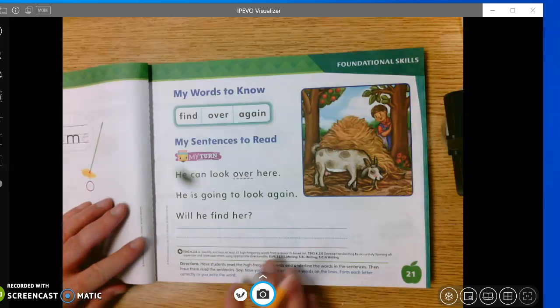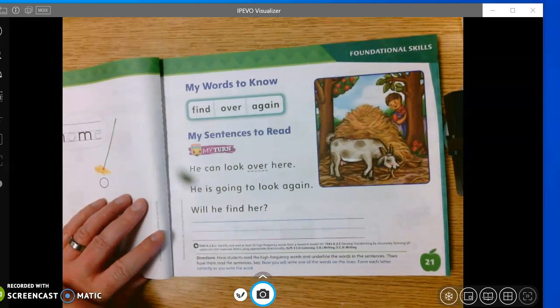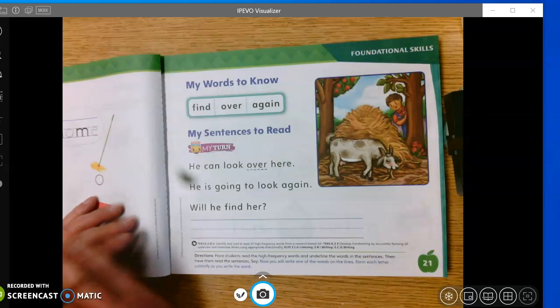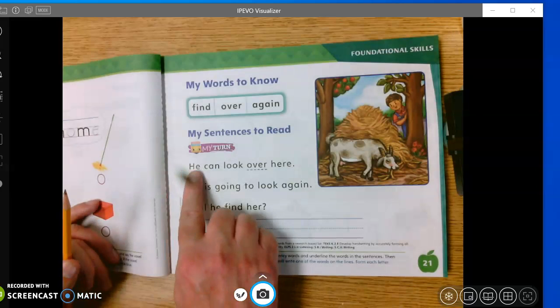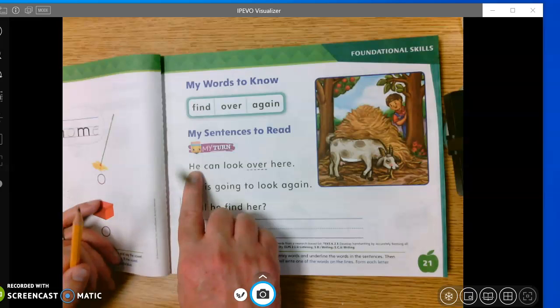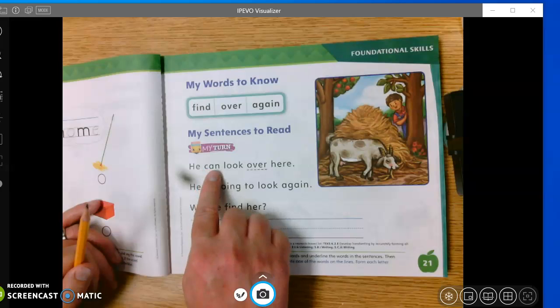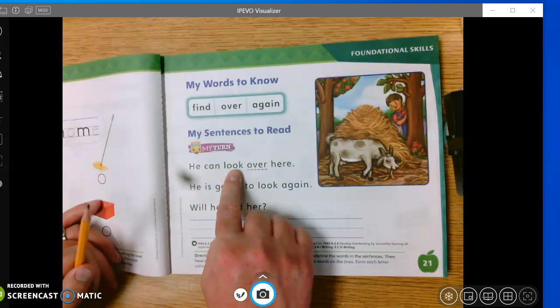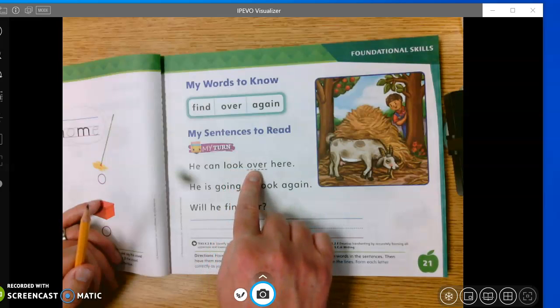Okay? So now, let's go ahead and read the sentences. And then we're going to look for these words here in the sentences. And then we're going to choose one of the vocabulary words to write down. So let's go ahead and read. Go ahead and put your finger on the first word. It says he. Okay. Next word can. Next word look. The next word over.